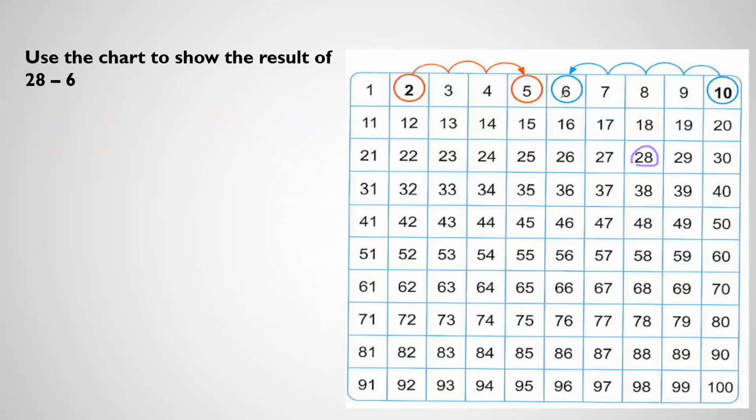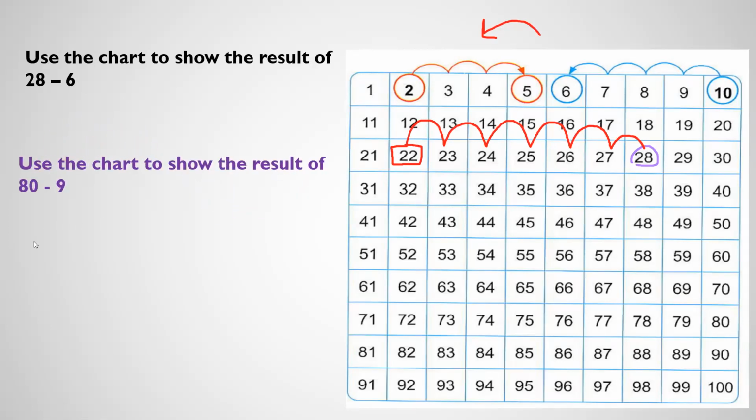No, it means we are going to jump back. So we are going to jump back how many steps? Minus 6, it means we have 6 steps. So 1, 2, 3, 4, 5, 6, then stop. So now the answer is 22. It means that 28 minus 6 equals 22.